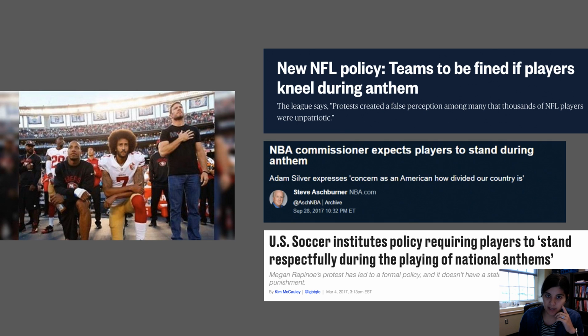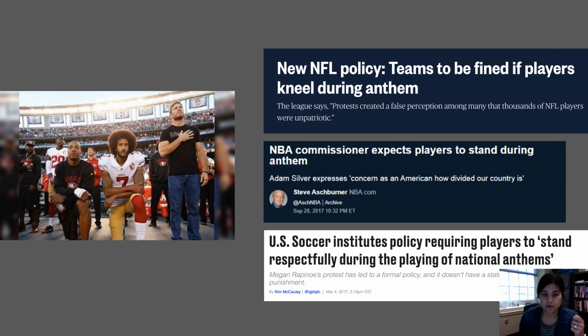Well, again, we know based on the state actor concept that only those that meet our definition of state actors have to comply with this particular area of law, constitutional law. So these headlines here by private organizations in our field, so the NFL, the NBA, US Soccer, these are not state actors, right? So they have a lot more flexibility in terms of how they treat issues of regulating speech.